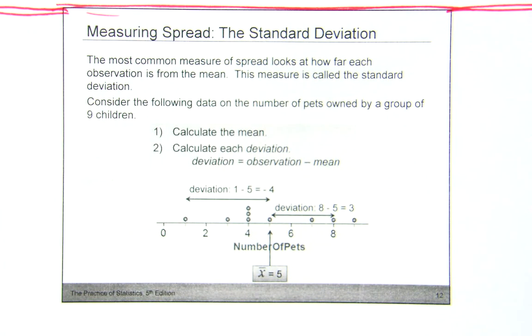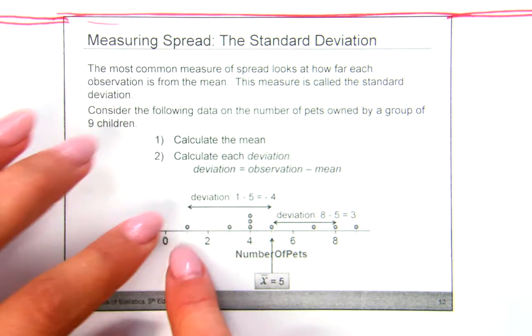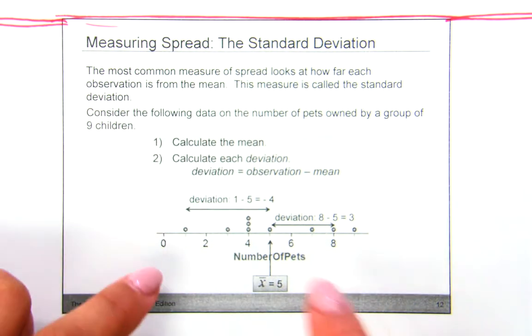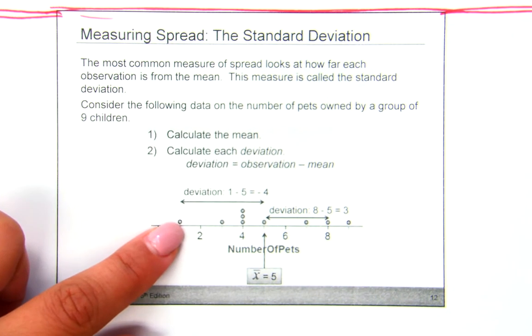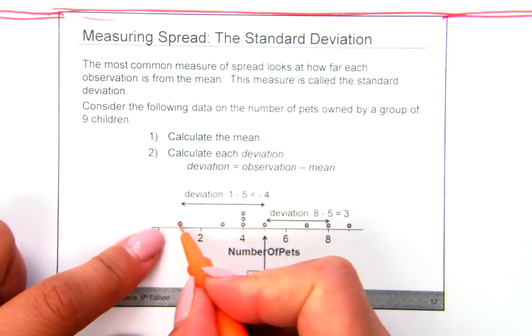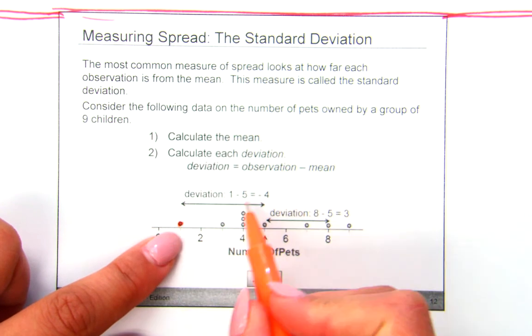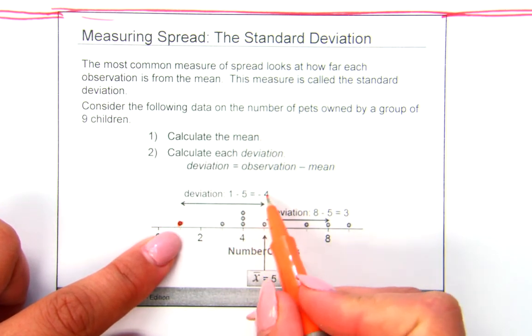Then we calculate each deviation. It's basically the observation minus the mean. For the data point of 1, the deviation is 1 minus 5, which is -4.